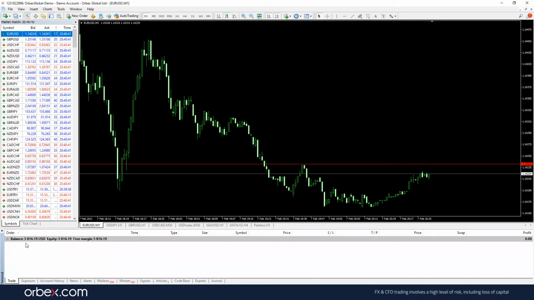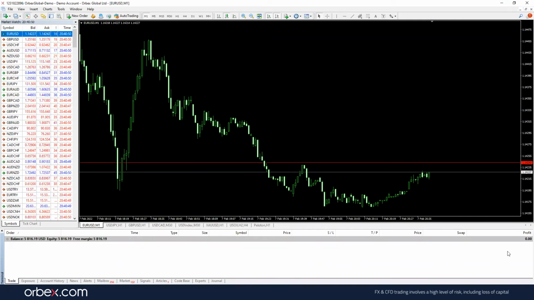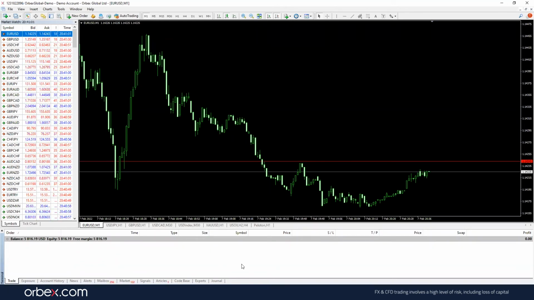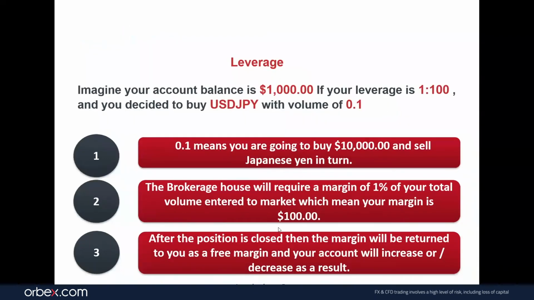Before this, I had close to $6,000, and now I'm on $5,816. So that's an automatic move. Once the trade has been closed, the broker, Orbex itself, will automatically calculate your profit or loss on those trades, so that you're not missing anything.